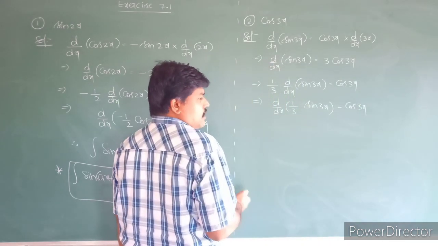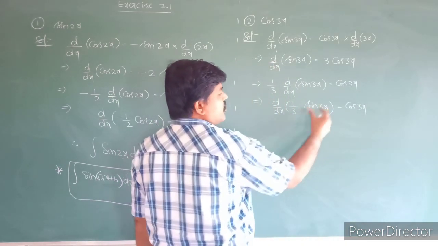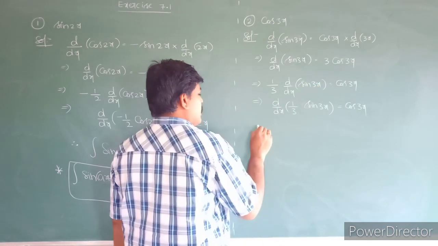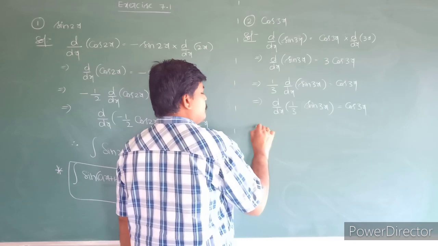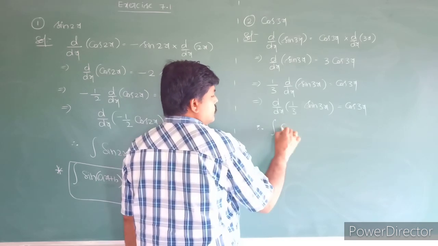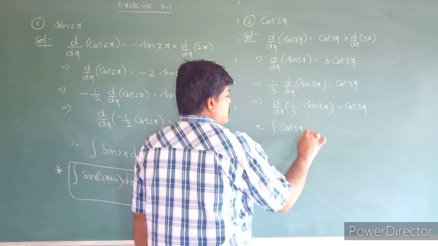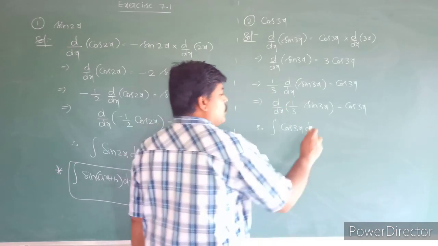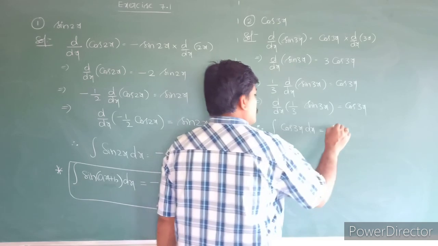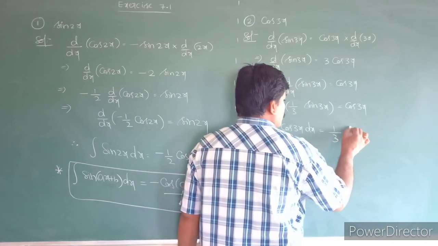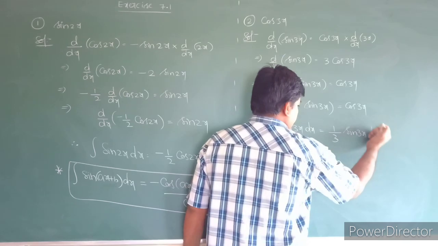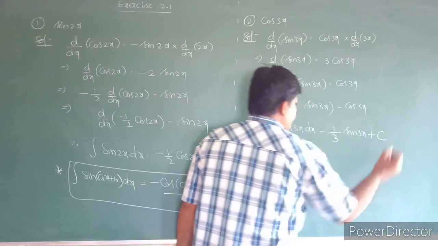So the meaning is the derivative of this function is cos 3x, and the integral of cos 3x is this function. Therefore integral of cos 3x into dx is equal to 1 by 3 into sine 3x plus c.